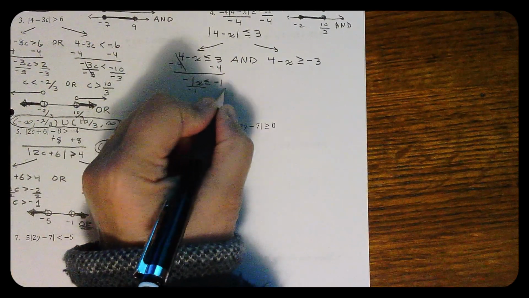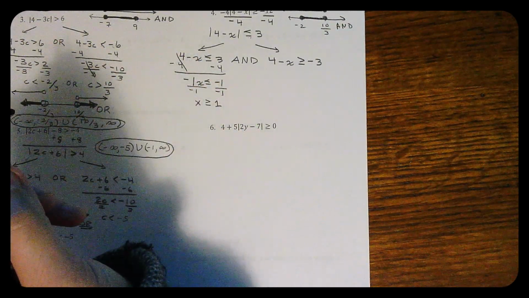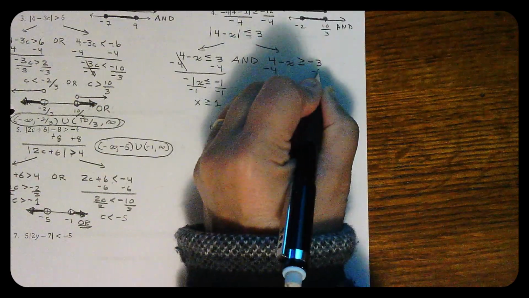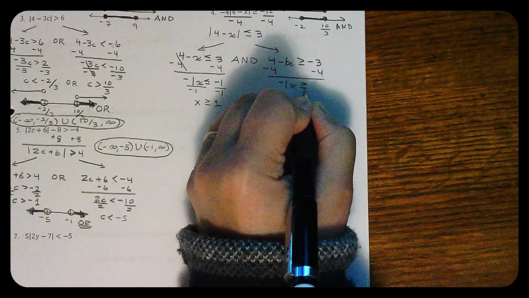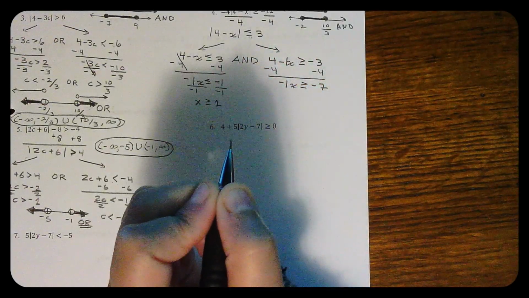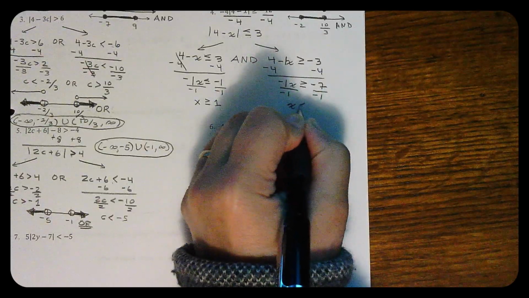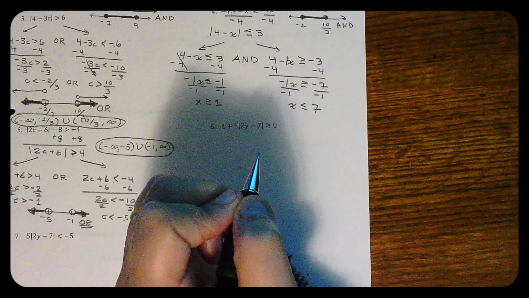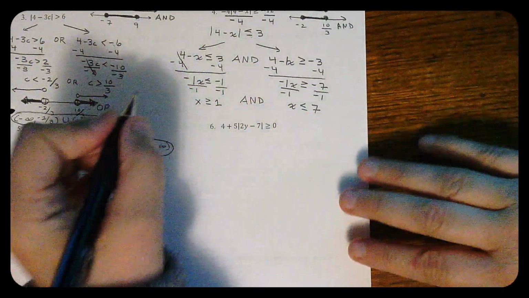So dividing by negative 1, you're going to have to switch the signs, and you get x is greater than or equal to 1. Here, if you subtract 4, you're going to get negative 1x is greater than or equal to negative 7. But then when it's time to divide by negative 1, you're going to get x is less than or equal to 7, because you have to switch the sign. Now this is an and. So let's see if the graph works out.